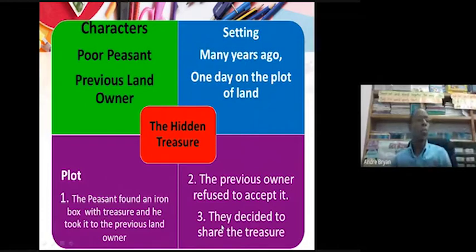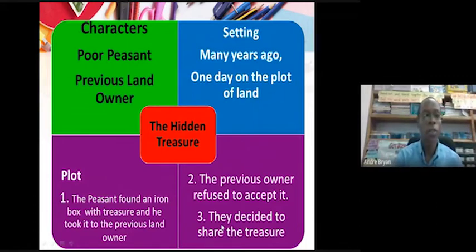Then he took it to the previous owner of the land. But the previous owner said, hmm, I can't accept it. But since you found it, the treasure would belong to you. But instead, the owner refused to accept it.